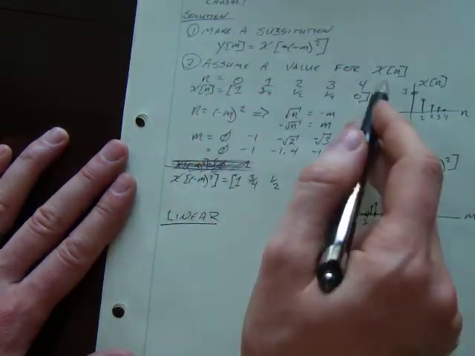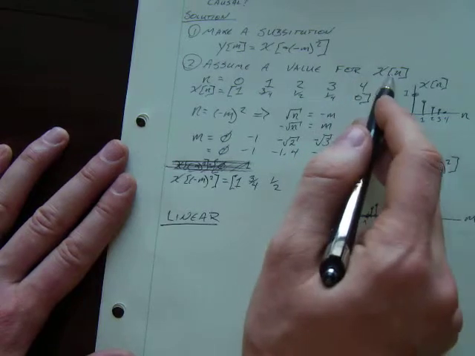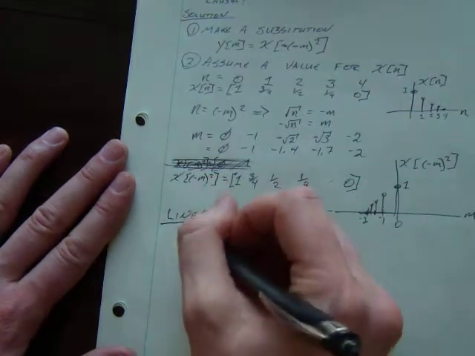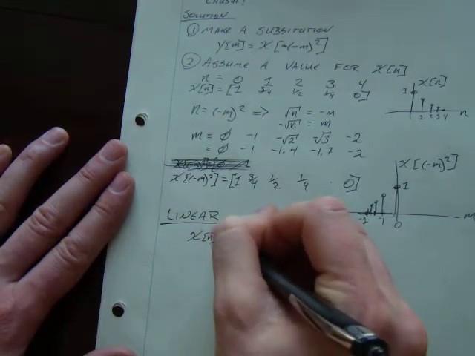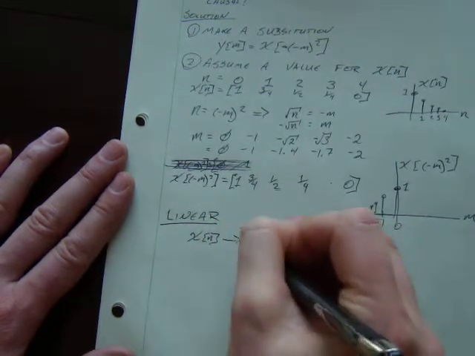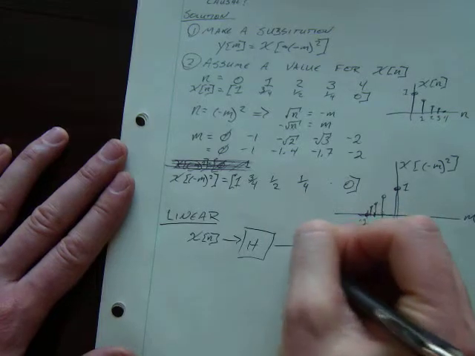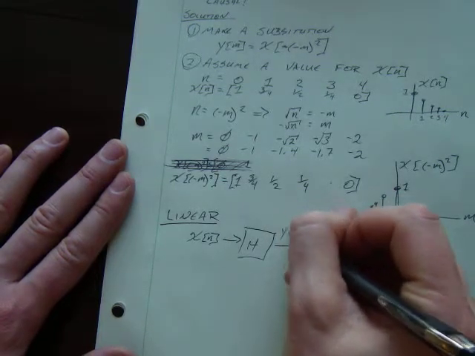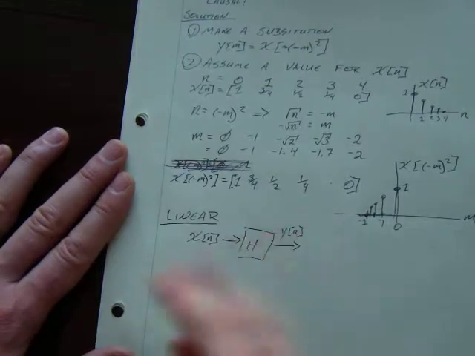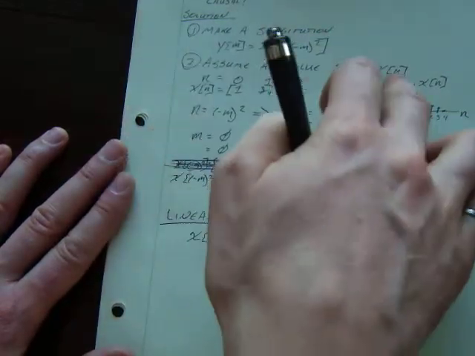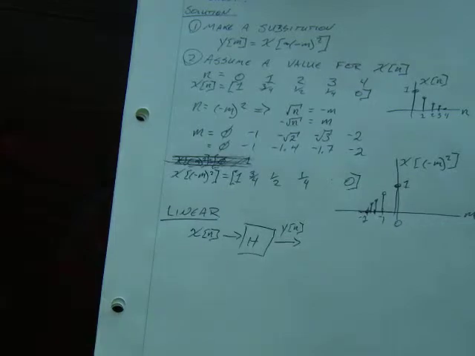The input is this x of n. Okay, so we have x of n going through some system h, and the output of this is y of n. And now I'm going to keep consistent units again. Jumping back and forth with this m and n is confusing, but this is something that we're going to have to get your head wrapped around. It's not easy.